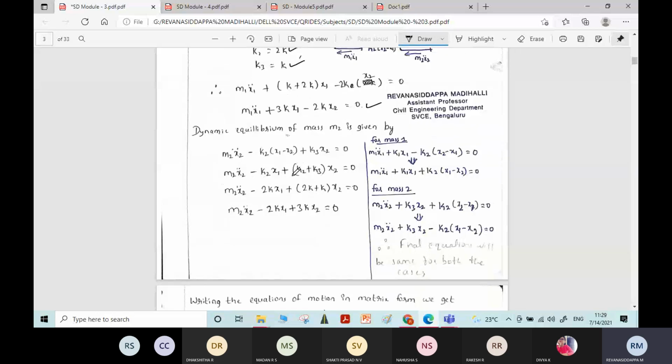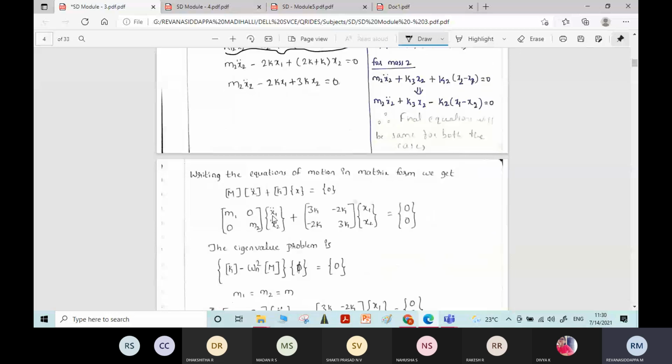You need to segregate the coefficients of x1 and x2: M2 x2 double dot minus k2 x1 plus k2 plus k3 into x2 equal to 0. Now stop here and formulate the equation for matrix K.